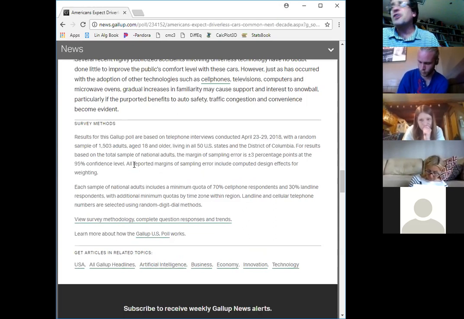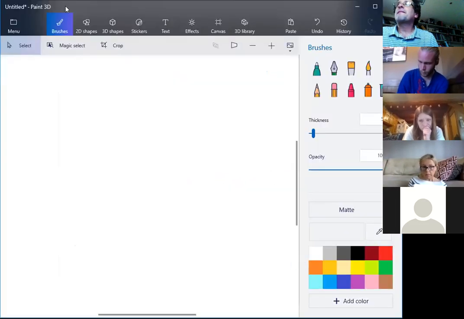Okay, so now we can interpret this. And now I'm going to share the paint so that I can type. So I can interpret this as follows.